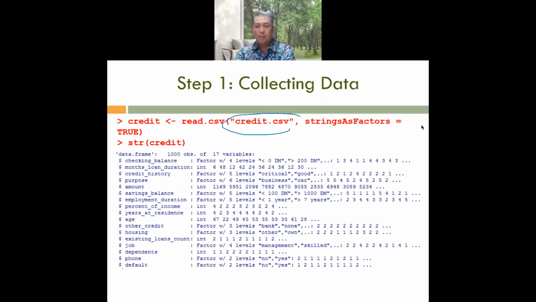And then we also mention here stringsAsFactors equal to true, meaning that all the characters will be maintained as factors or labels. And then this is how we show the structure of your credit data here.